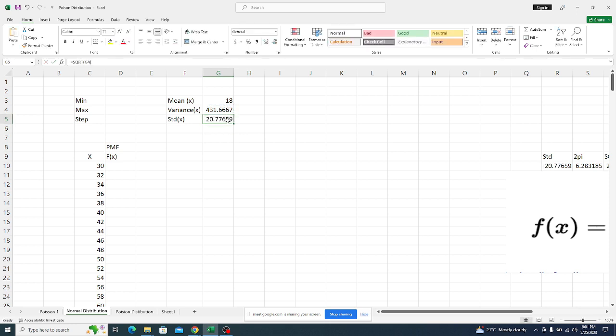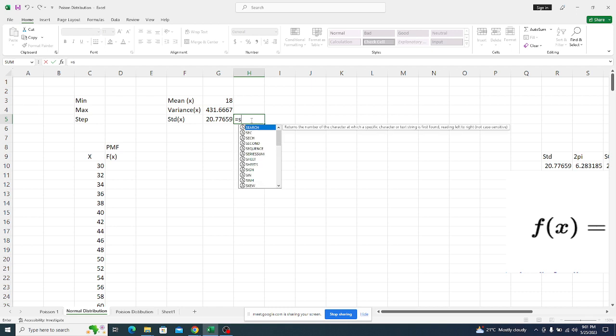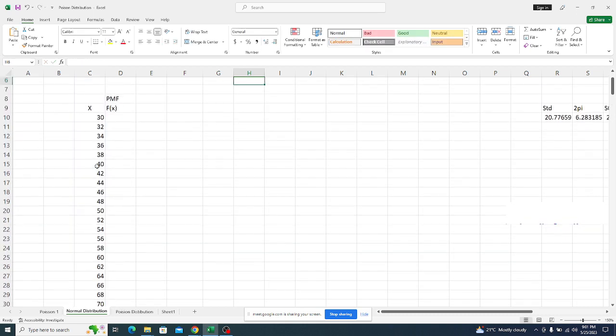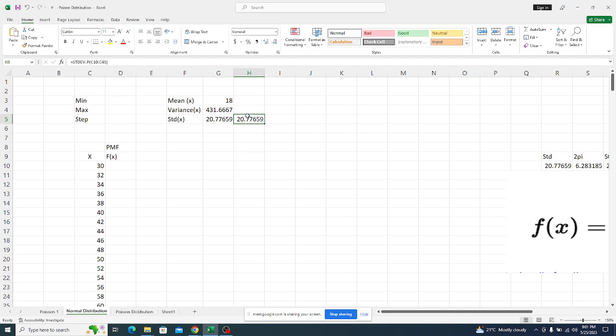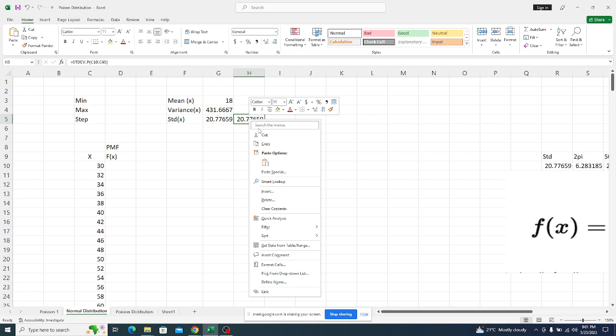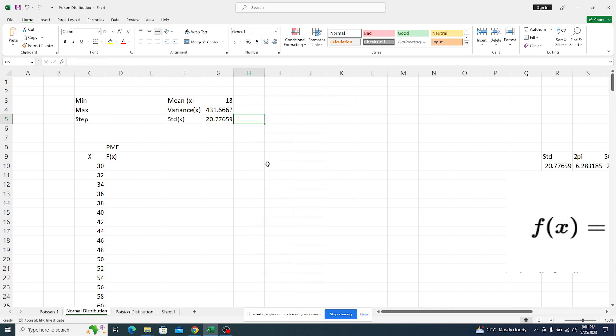We can also use the inbuilt standard deviation function, STDEV.P, for population. Just highlight your values and you get the same value as we computed using the variance. All right, good. Now at least we've referenced this.